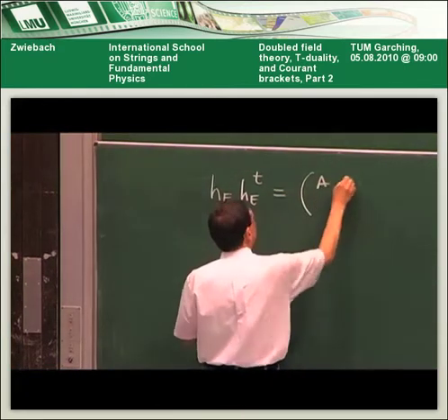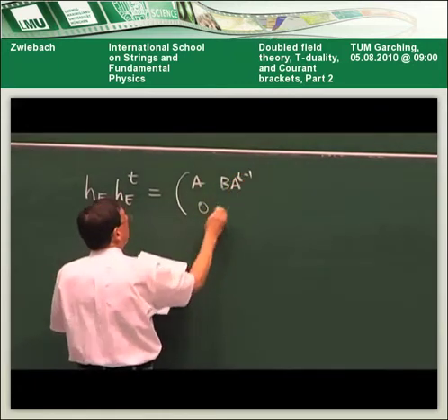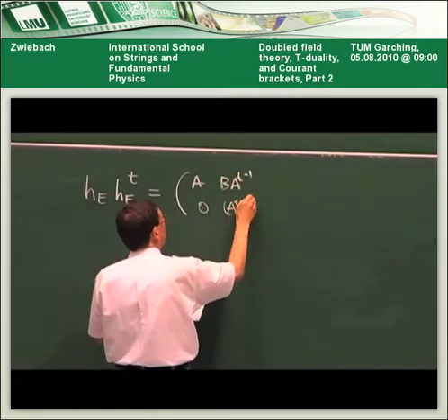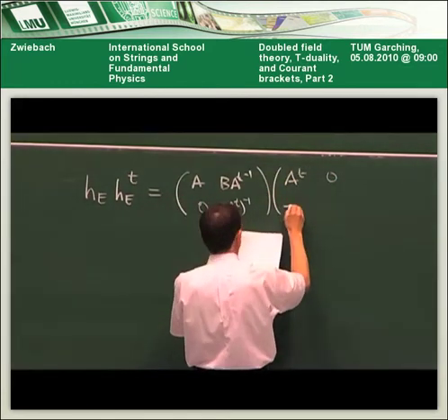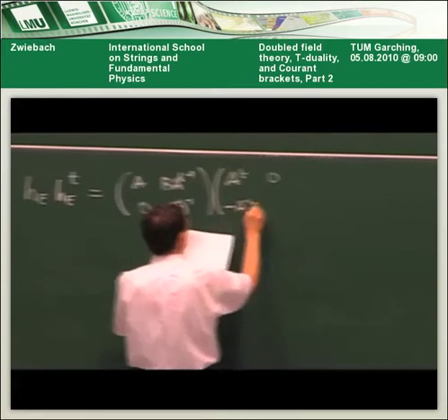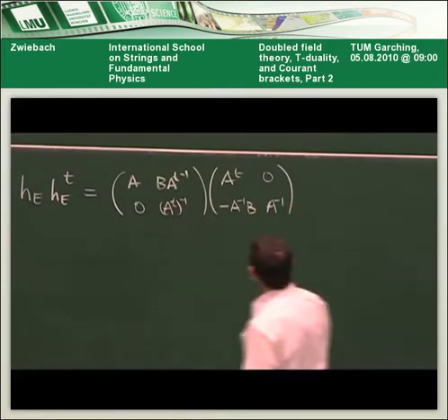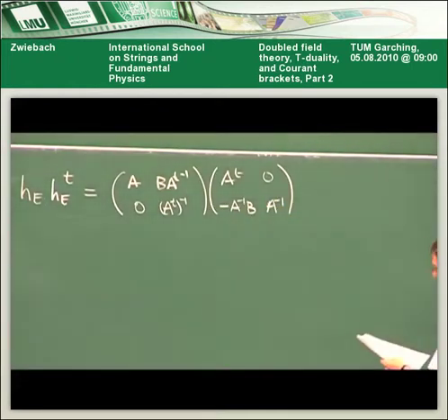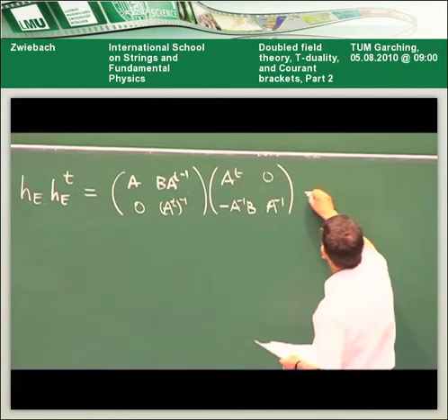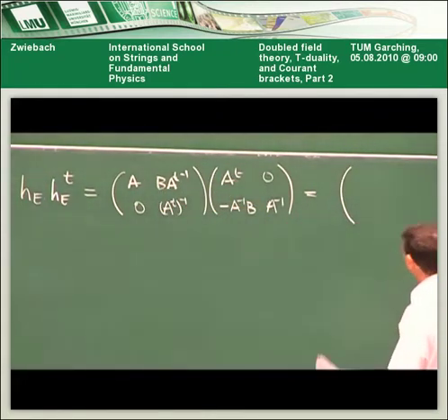We have A, B, A transpose minus 1, A transpose minus 1, A transpose 0 minus A minus 1, B, A minus 1. So I took the transpose of this matrix and wrote it here. And now we can begin to multiply. Well, here you have A transpose. You recognize that.